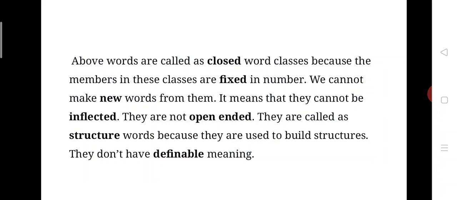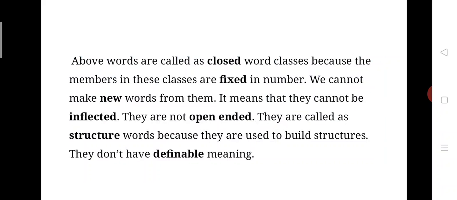The above words are called closed word classes because the members in these classes are fixed in number. We cannot make new words from them. It means that they cannot be inflected. They are not open-ended. They are called structure words because they are used to build structures. They don't have definable meaning.